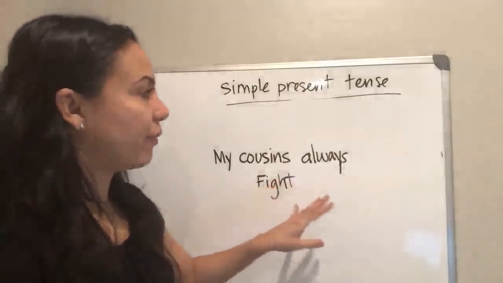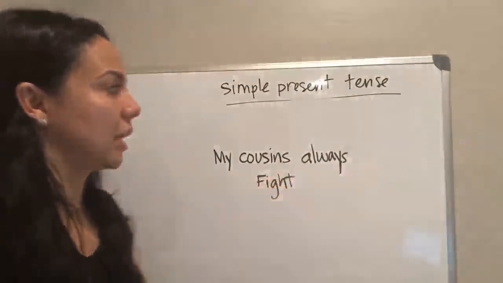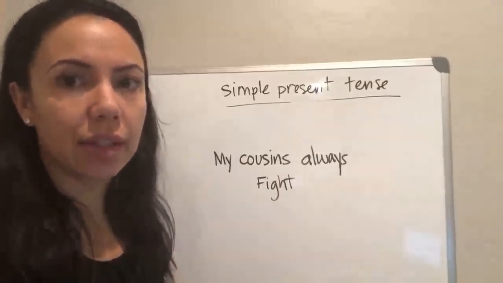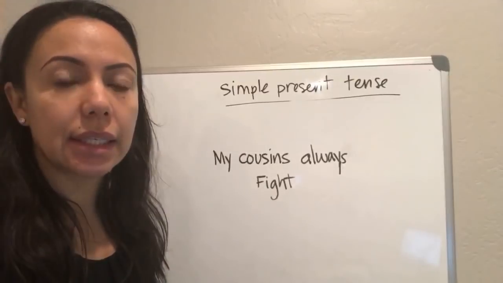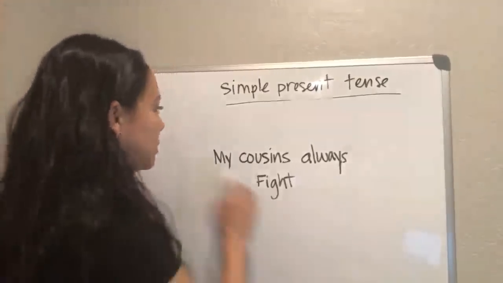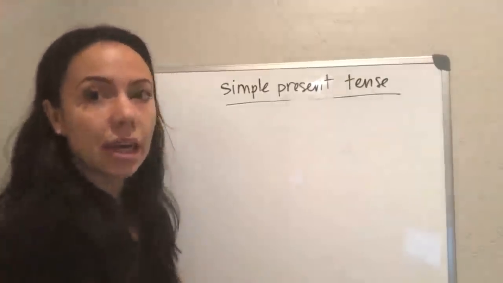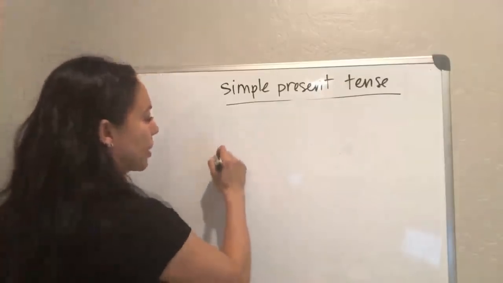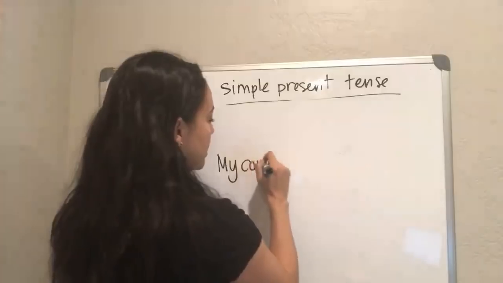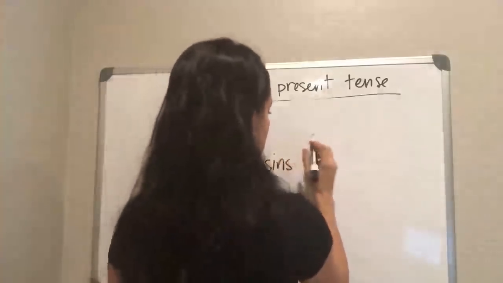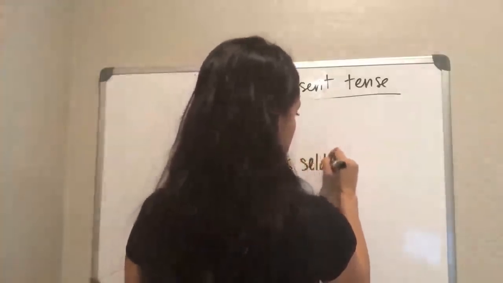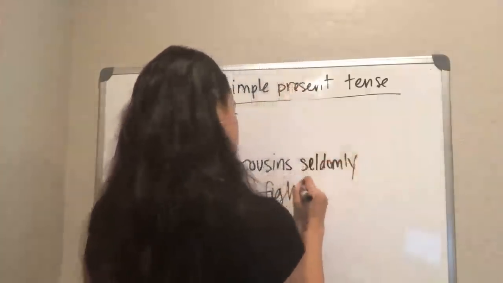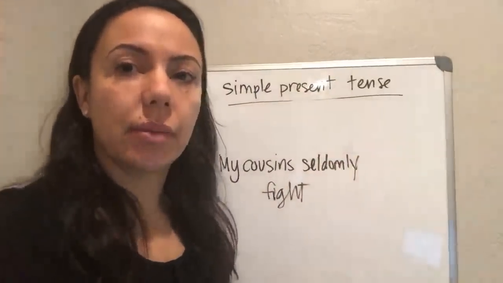It just flows a little more naturally in English. It's how we would generally say this, but it's a great sentence. Yes, you can say seldomly fight, yes. So let's just say my cousins seldomly fight. Yes, you can say it.